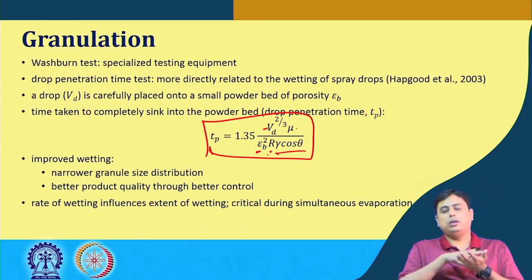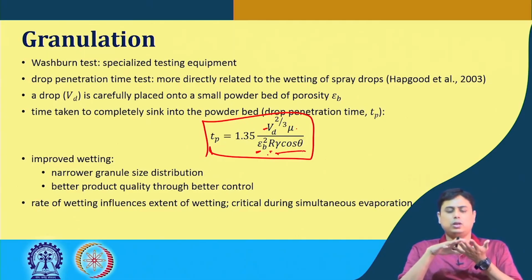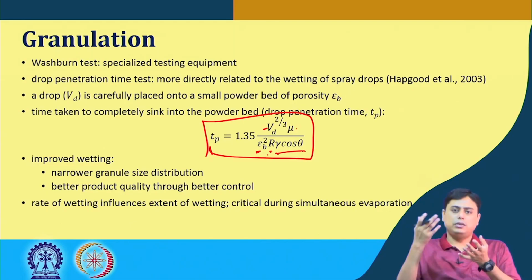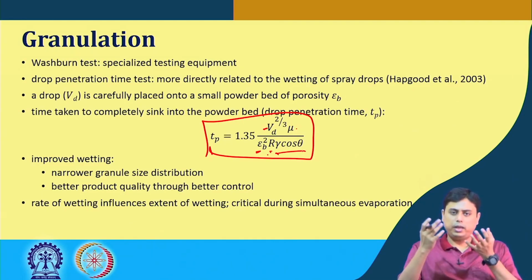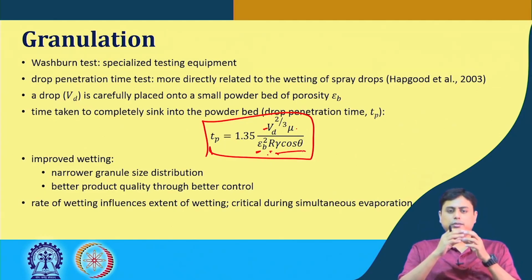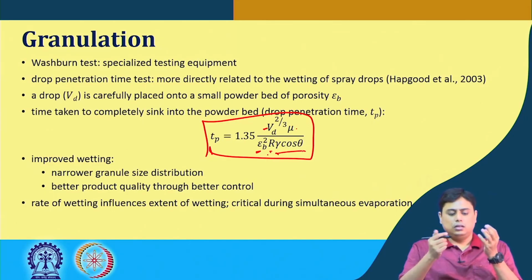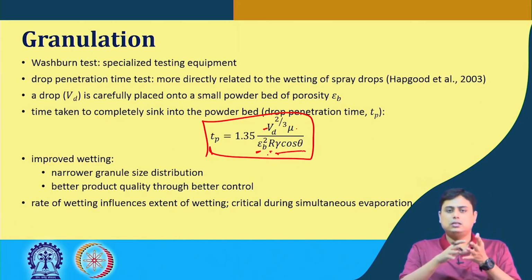The rate at which the liquid binder or the solvent is spreading over the small particles and its extent of wetting are two related things, and this is more critical when we have simultaneous evaporation of the solvent in order to make the bonds stronger by replacing the liquids. In that case, this rate of wetting is a dominant factor in the granulation.